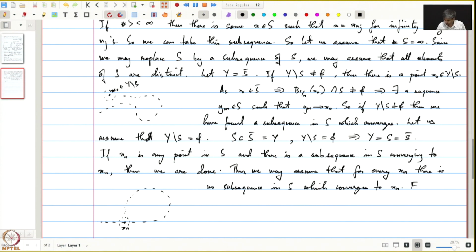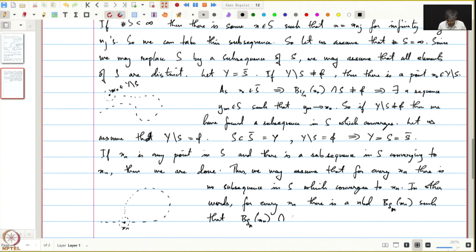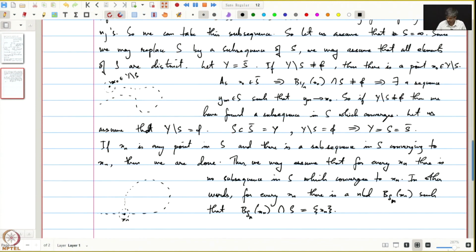In other words, for every xn, there is a neighborhood B delta n of xn such that B delta n of xn intersected S is just this xn. Okay.